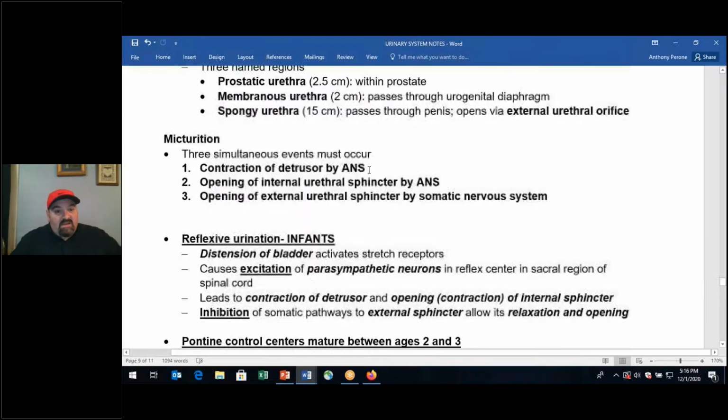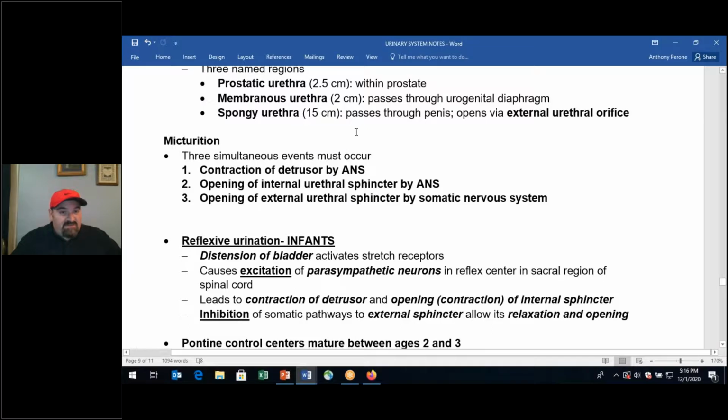You'll see here that simultaneous events occur. Recall when I talked about parasympathetic division influence, remember we use that acronym SLUDD: salivation, production of saliva; lacrimation, production of tears; urination, production of urine; digestion, defecation.